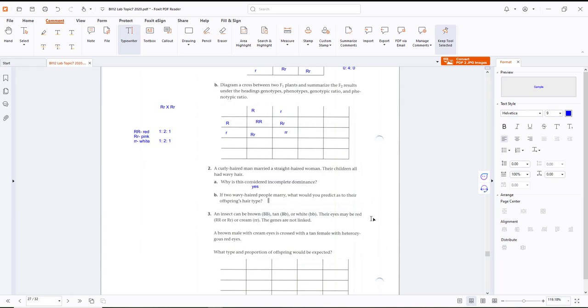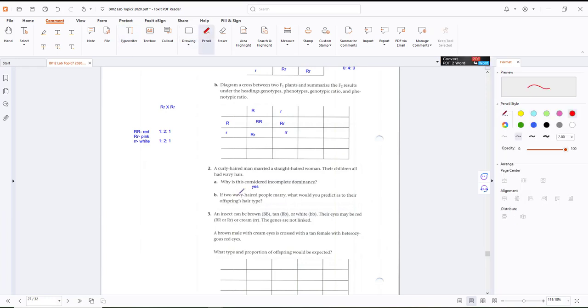Okay, so if you want to set up a Punnett square, you could do curly and straight. Okay, if you want to do the different color, and then the wavy would be CS. So if we set up a Punnett square of two heterozygotes that have curly and straight, that means we have curly, curly, curly, straight, and straight, straight.